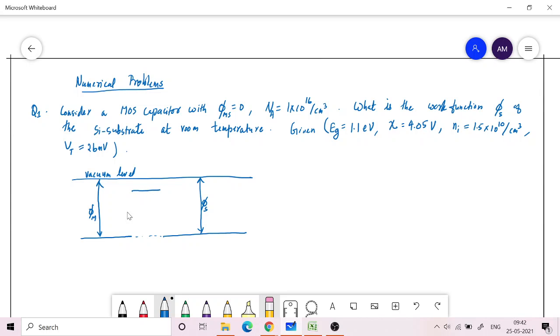The oxide layer will have a large energy band gap, so I am showing it like this.